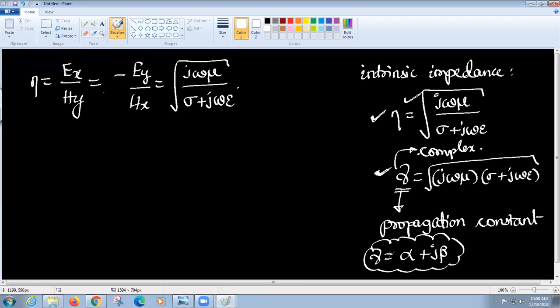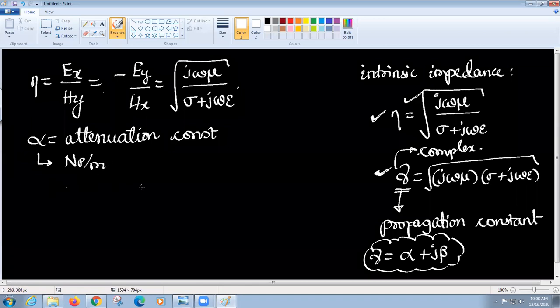Now what is this alpha here? Alpha is the attenuation constant, agree? Generally the units for alpha are Napier per meter or decibel per meter.